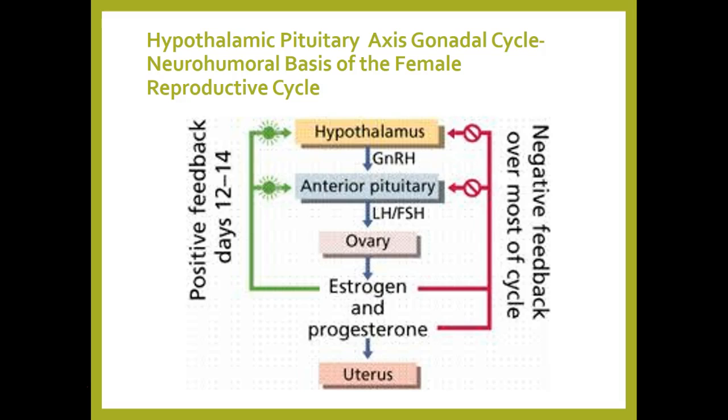Okay, so the hypothalamus, which we all know is in the brain, secretes a hormone called gonadotropin-releasing hormone. Now, gonadotropin-releasing hormone works on the anterior pituitary gland in your brain and tells that area of the brain to release LH and FSH, your luteinizing hormone and your follicle stimulating hormone.